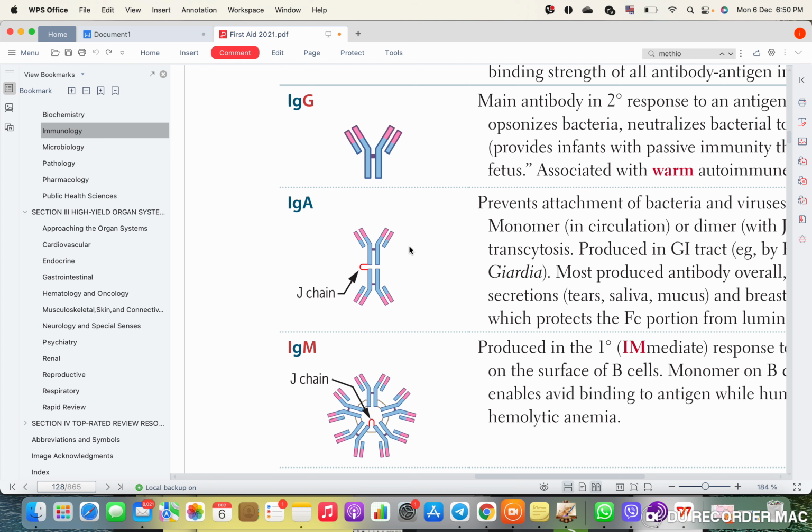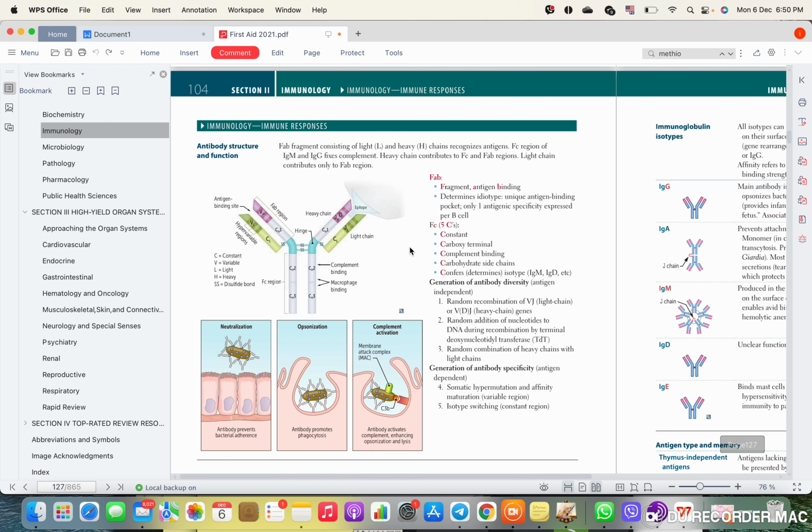It's the IgG. So if it is the IgG, think about it. If it's that small, that means it can pass through the placenta. So if they ask you which antibody passes through the placenta, it's IgG, okay? Because it's the smallest. Okay, let's go back here.